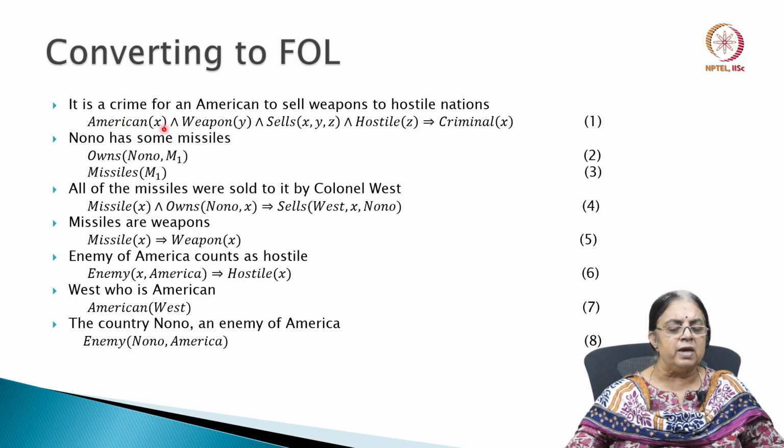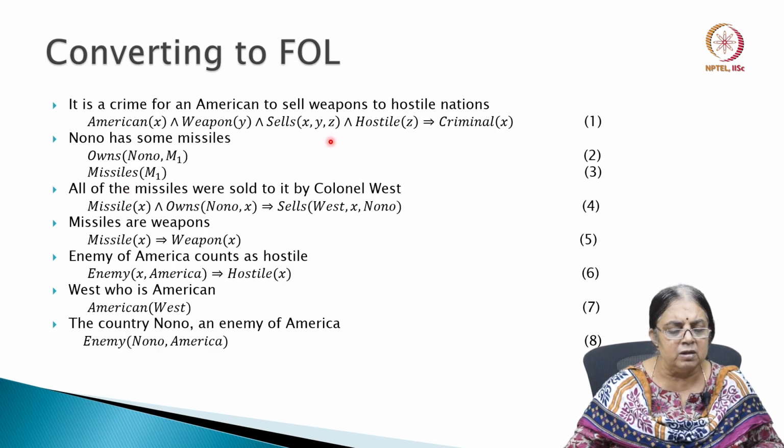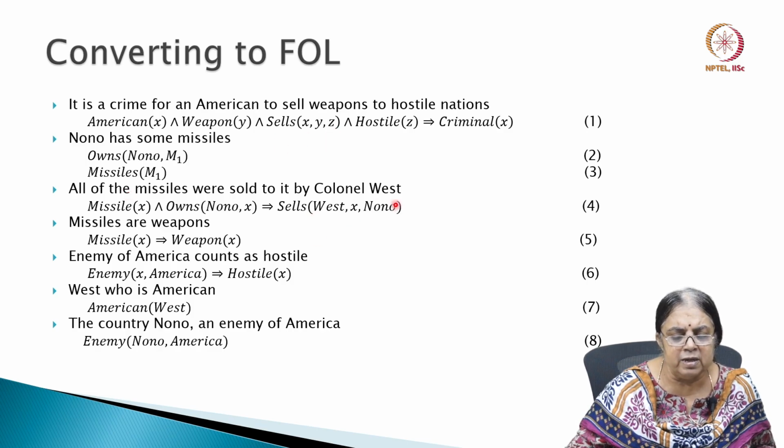American X, so we can put X equal to West, weapon Y can be M1, and Z sells. If we take sells XYZ, that has also been instantiated here, and hostile Z, no, has also been instantiated.